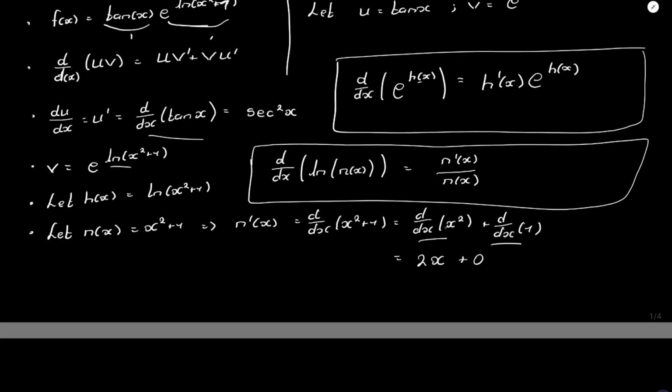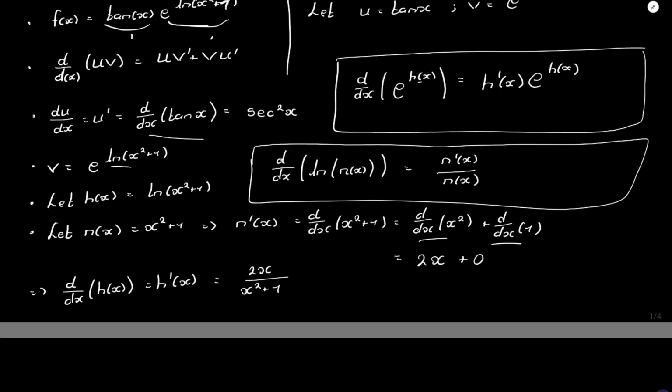Power rule: the derivative of x to the power 2 is 2x to the power 2 minus 1. Constant rule states that the derivative of any constant gives us 0. So this then implies that the derivative with respect to x of h of x, which is h prime of x, is equal to n prime of x on n of x, right? What is n prime of x? 2x on n of x, x squared plus 1.